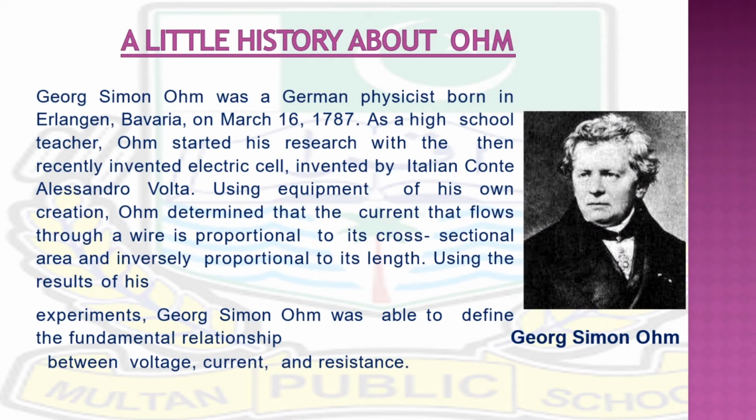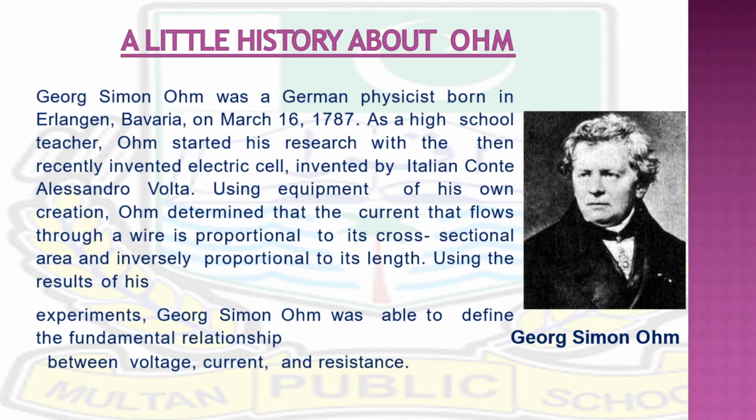Here is a little history about George Simon Ohm. George Simon Ohm was a German physicist born in Erlangen, Bavaria on March 16, 1787. As a high school teacher, Ohm started his research with the then recently invented electric cell, invented by Italian Alessandro Volta.